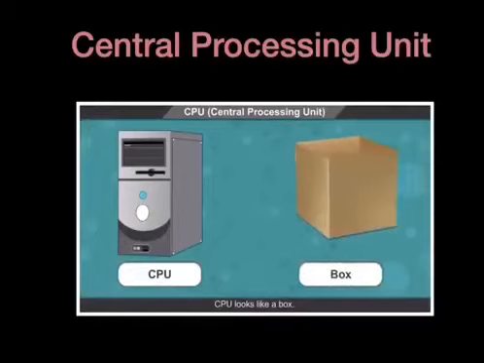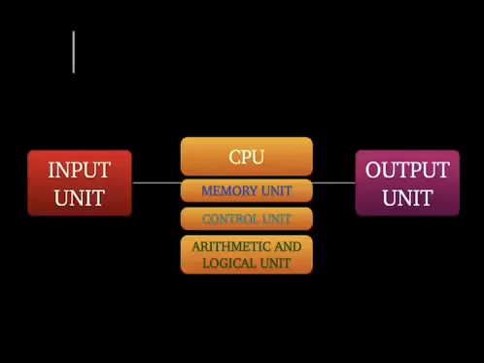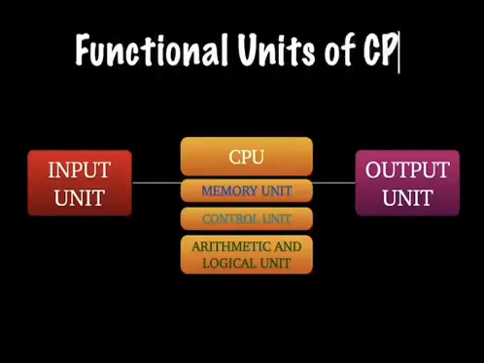Without CPU, you cannot work on your computer, and CPU looks like a box. Do you know that CPU is made up of three main parts, that are memory unit, control unit, and arithmetic and logical unit. These three units have their different functions in the CPU.